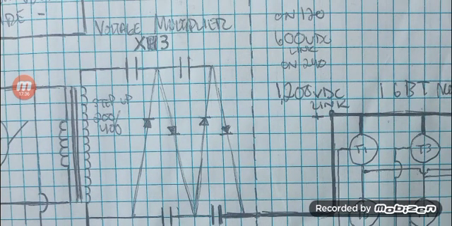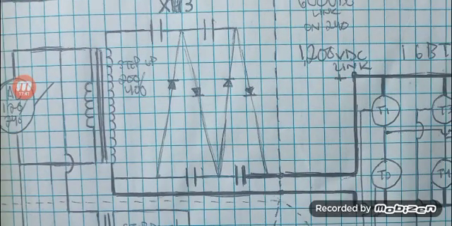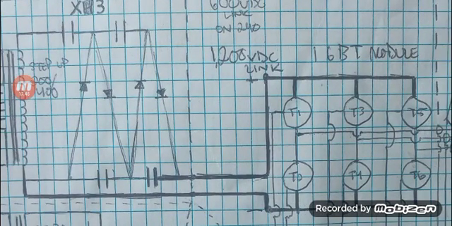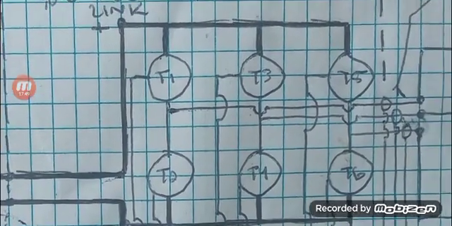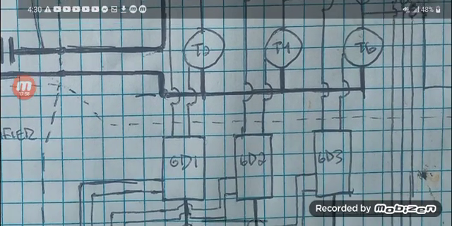This is a voltage multiplier circuit right here in the middle, coming out of the transformer. And it also converts the AC to DC to provide your link, which will switch your high DC voltage and deliver it to the motor in the proper order.